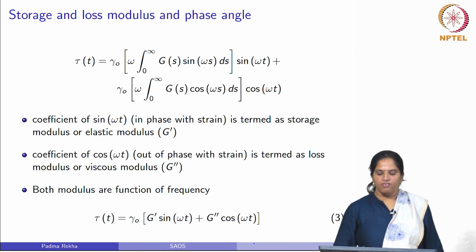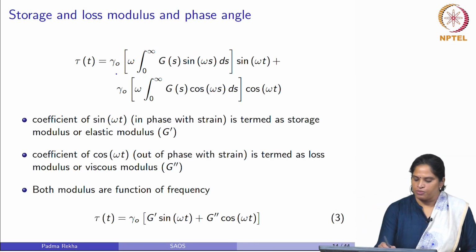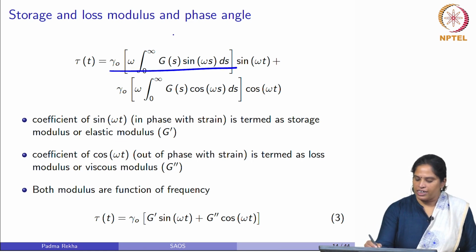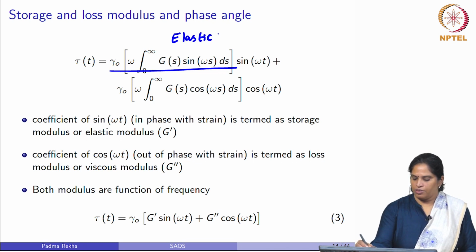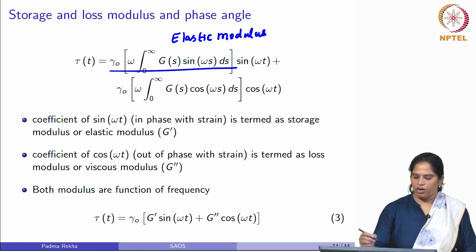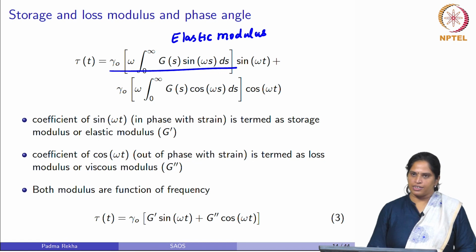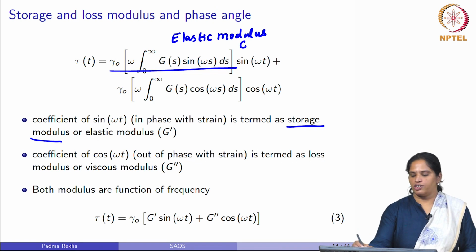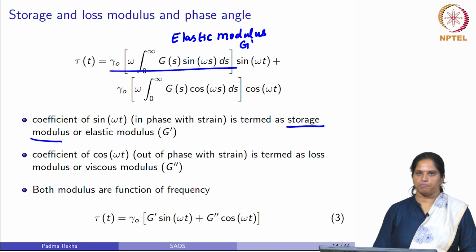This in phase component with the input, or the coefficient of the term sin omega t, we call it the elastic modulus, or it is the elastic response, or otherwise storage modulus, and it is generally represented by G prime.